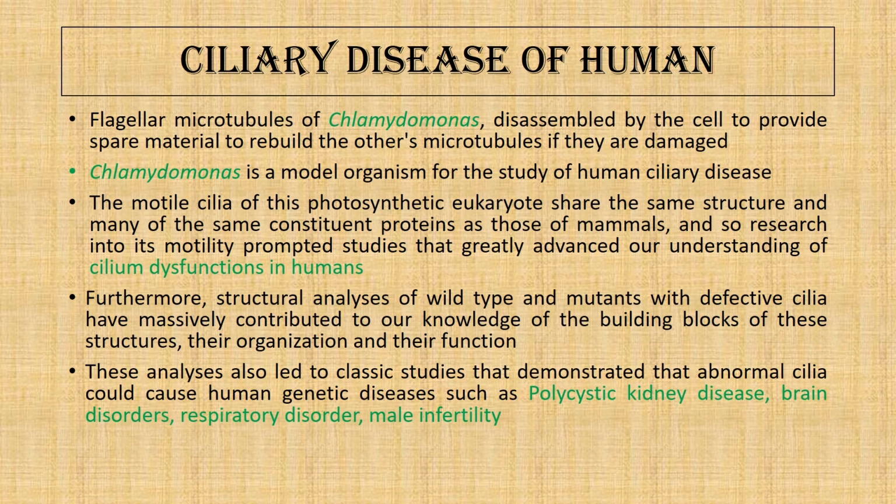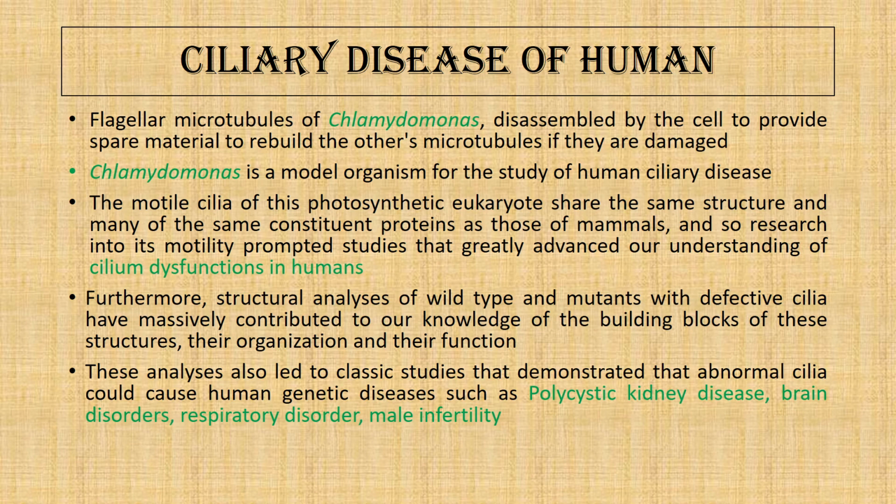So, by the study of Chlamydomonas, how the Chlamydomonas flagella are organized, their assembly, their disassembly, we can easily understand human diseases. The human body has cilia in the ventricles of the brain, in the inner respiratory tract, and in the kidney also. This entire study can also be used in understanding male infertility related problems.